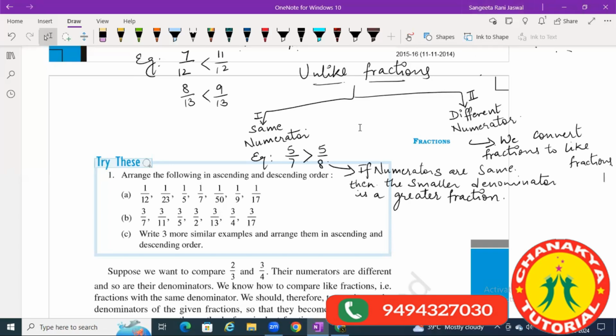In different numerator, we convert fractions to like fractions. But why do we convert fractions to like fractions? To compare them. Our purpose is to compare which is greater, which is lesser.